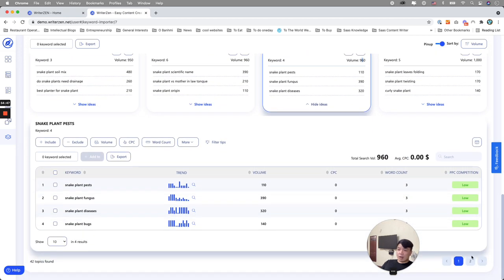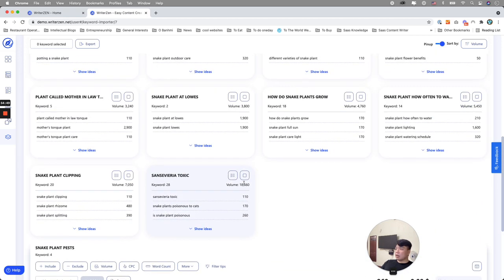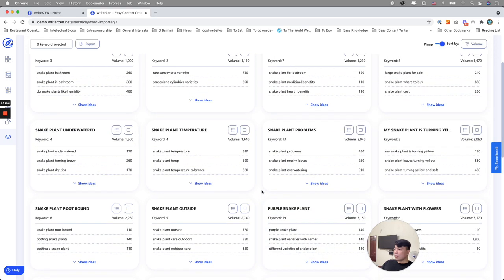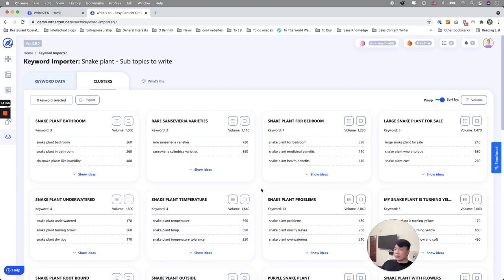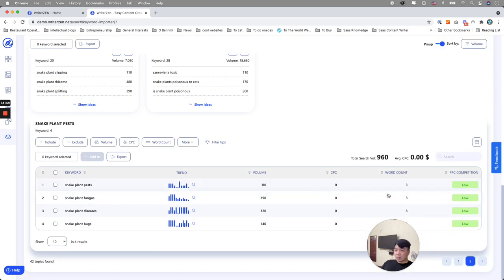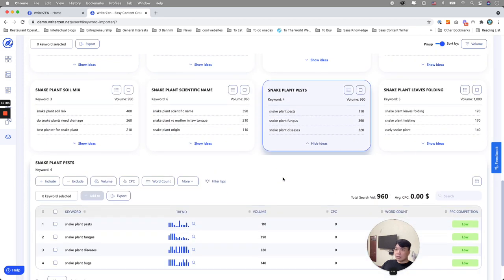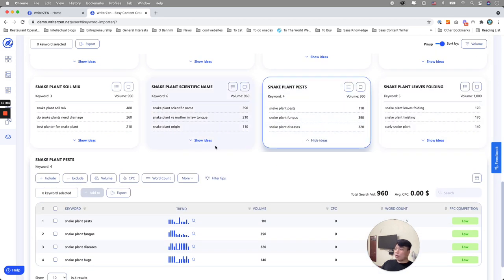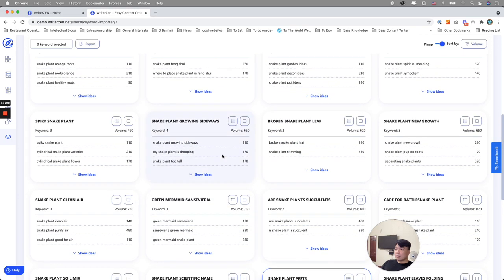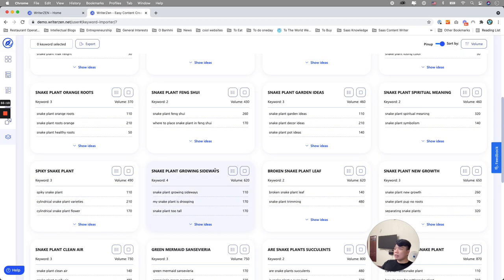And then I look for maybe topics like leaf folding, clean air, new growth going sideways.